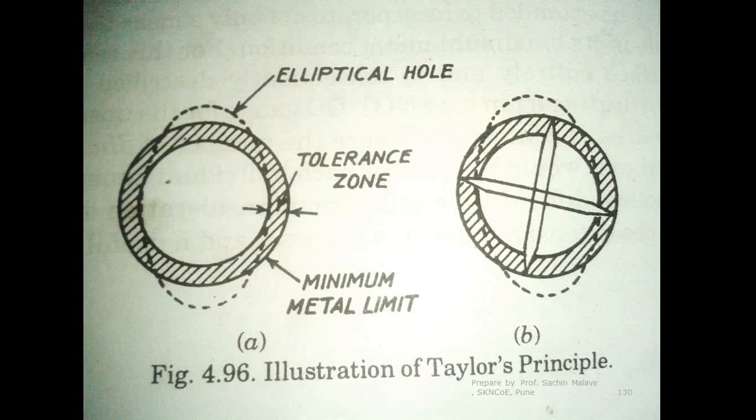This gauge is giving you a false reading, because this elliptical hole should have been rejected, but because of the cylindrical shape of the no go end, this hole is getting accepted. Go end is passing, no go end is not passing, so as per the gauge checking procedure this hole is getting accepted, but it should have been rejected.